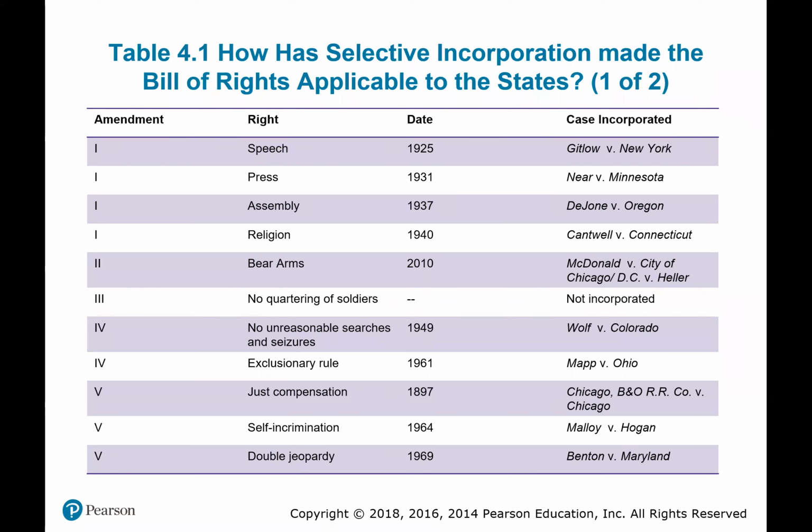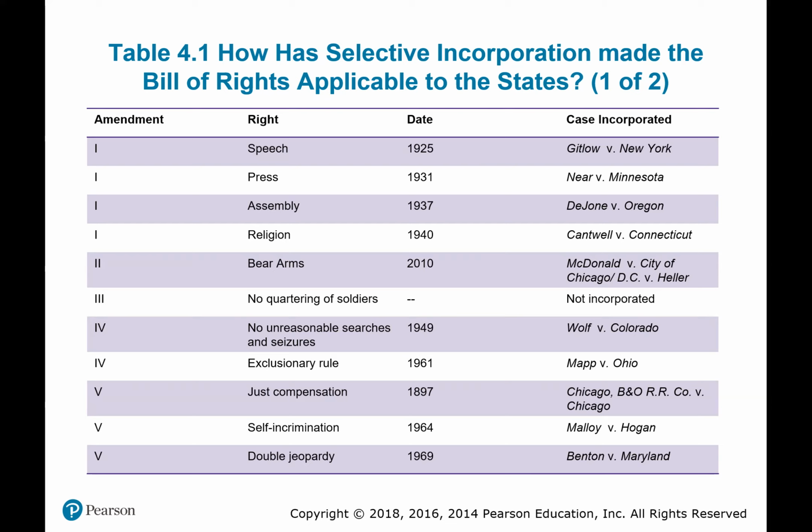And more recently, McDonald v. City of Chicago and DC v. Heller upheld that an individual has the right to bear arms individually and not just as part of a state militia. So that was decided fairly recently, in the last 10, 15 years.